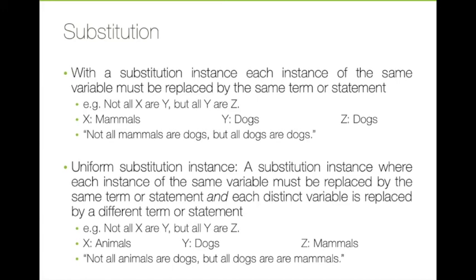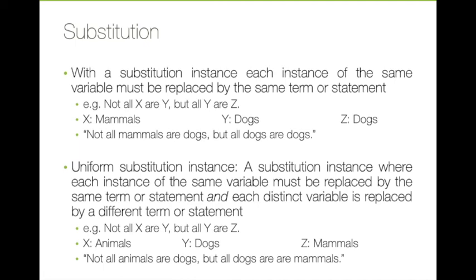We can slightly refine that notion with the notion of a uniform substitution instance. And this tends to be the one that's a bit more useful for our logical purposes. So a uniform substitution instance is one where each instance of the same variable must be replaced with the same term or statement. That's the same. But also, each distinct variable is replaced by a different term or statement.